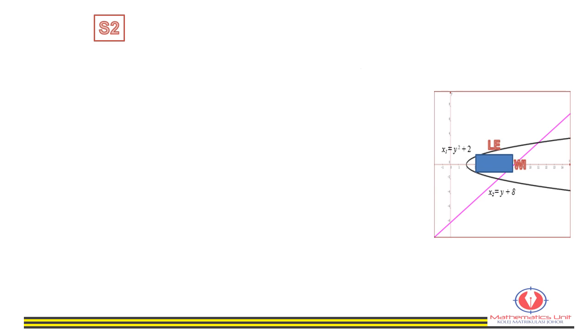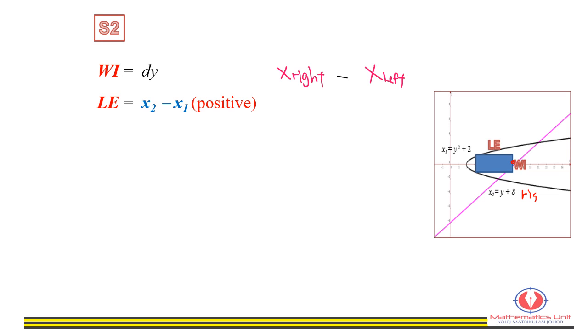Step 2, we are going to determine the function of length and width. Since we use the block horizontally, the width now is dy. And for the length, we always use x right minus x left. If we look at the function here, the right hand side is the pink line, which is x2, and the left is x1.